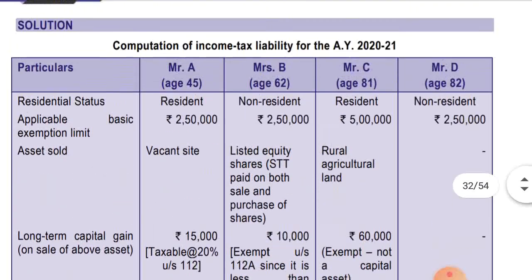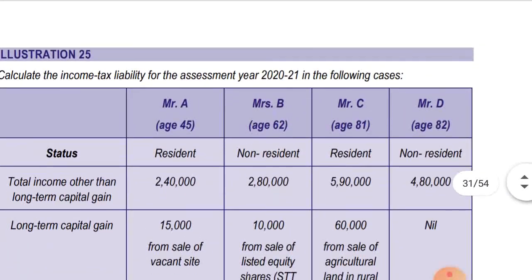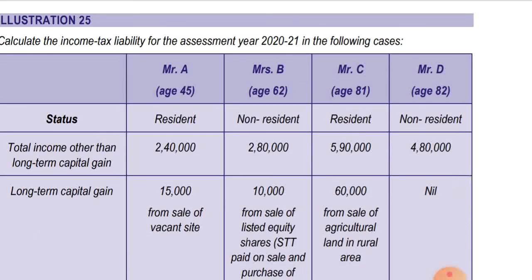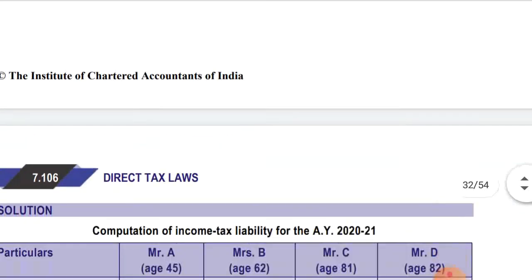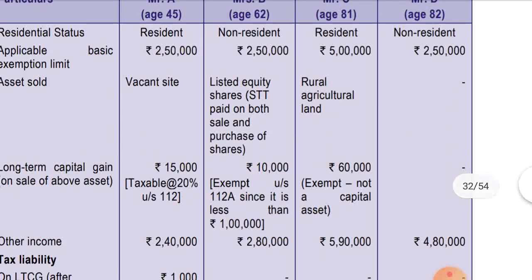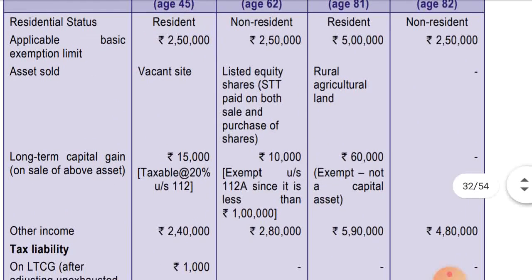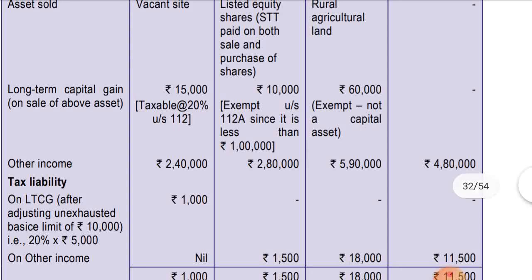Okay, now see Mr. D is a non-resident. Total income other than long-term capital gain is 4,80,000. Long-term capital gain is nil. He will be getting a basic exemption of 2,50,000. So total income is 4,80,000.